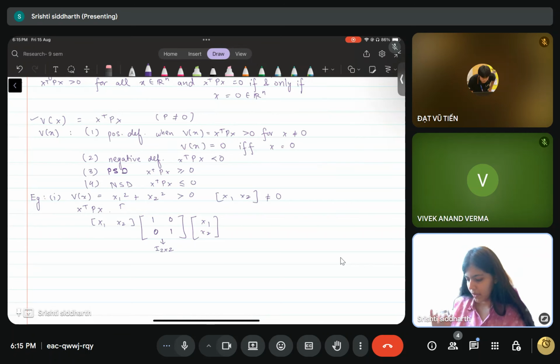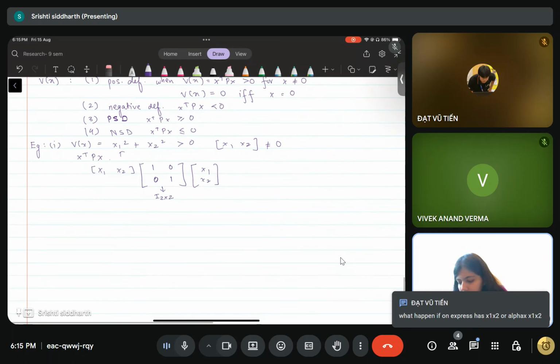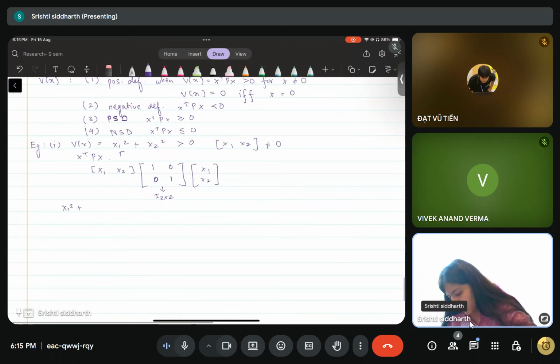Alright, so if it's a bigger matrix, for example, if it's x1 squared plus x2 squared plus alpha x1 x2, we can write this in terms of some vector, with elements p11 and so on.